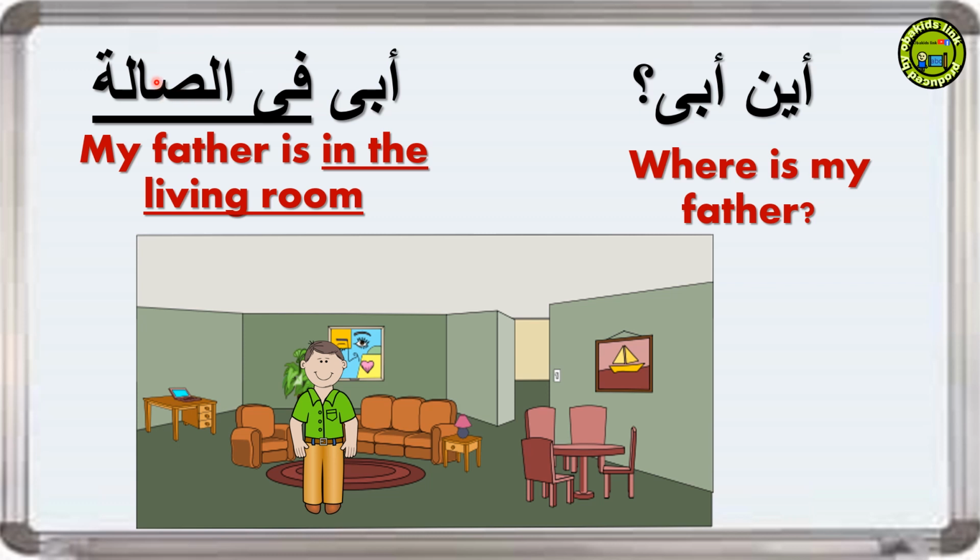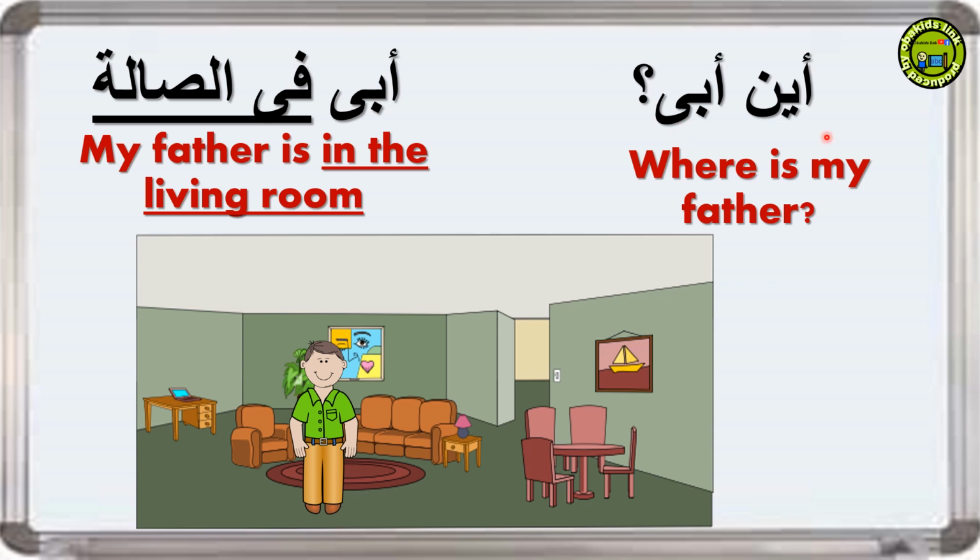But fi salati is in position of khabar or predicate. At the same time, it is describing where the father is. Abi fi salati means my father is in the living room. As you can see in the reply, we have to show where the father is, because in the question we are asking about where the father is.